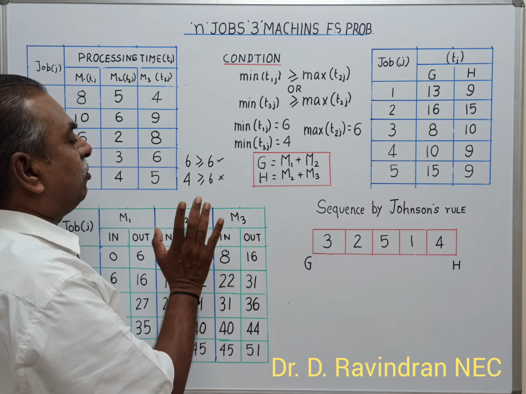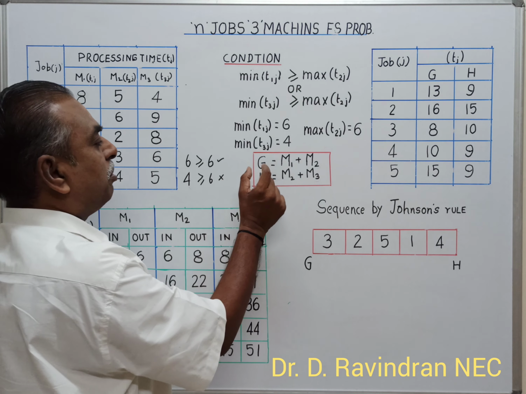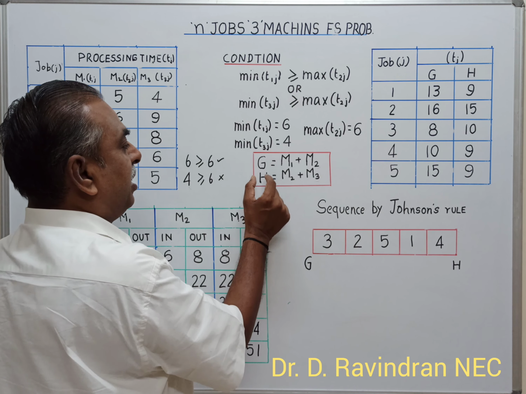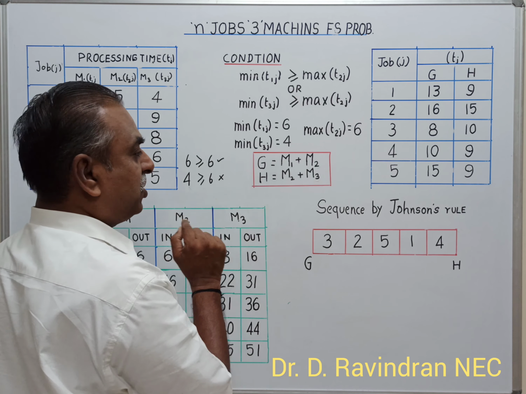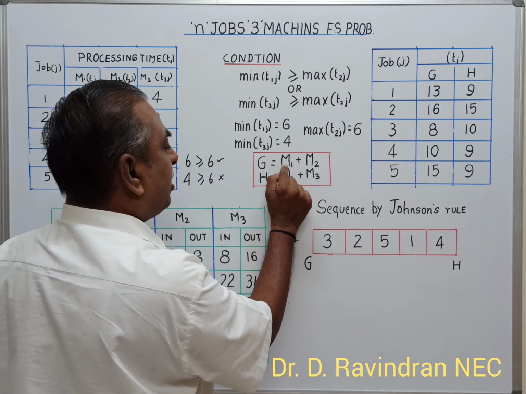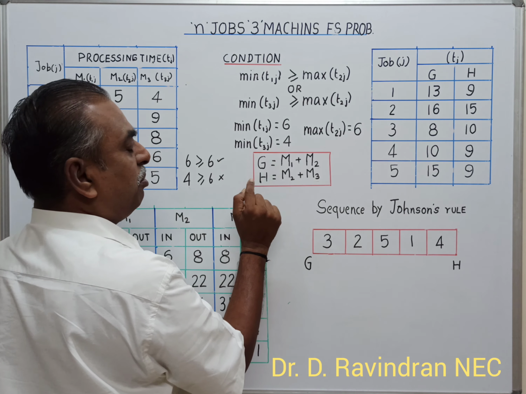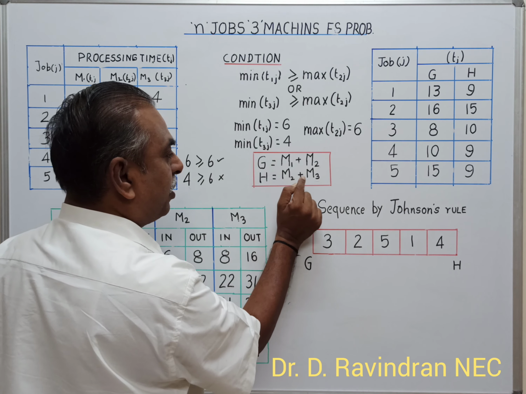So how can we find the sequence? For predicting the sequence, we are going to create some imaginary machines, G as well as H. The processing time of G will be equal to the processing time of M1 plus M2. Processing time of H will be equal to processing time of M2 plus M3.